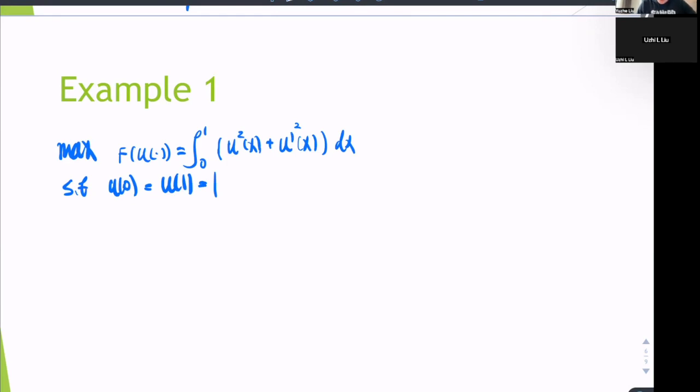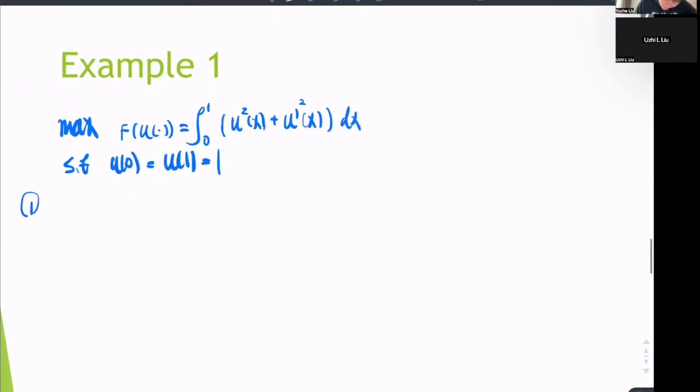So follow the first step. We first have to set the Lagrange function L equal to L of, just to make this clear, I will also write the input values here, z and p.